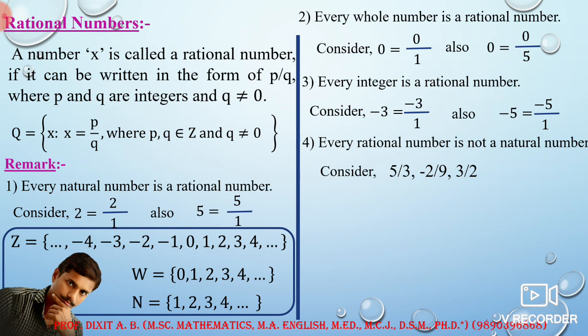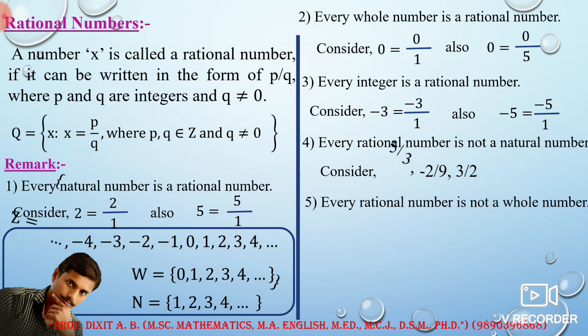In a similar way you can observe that these three numbers, 5 by 3, -2 by 9, 3 by 2, are not included in W. So here is my fifth remark: every rational number is not a whole number.